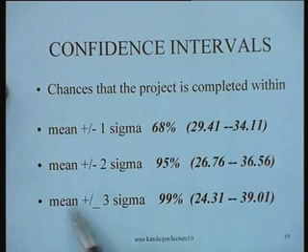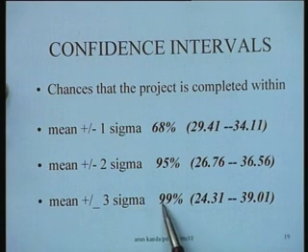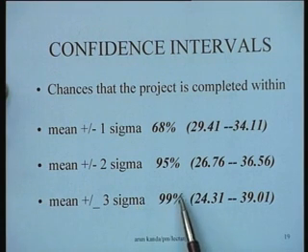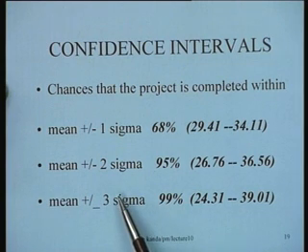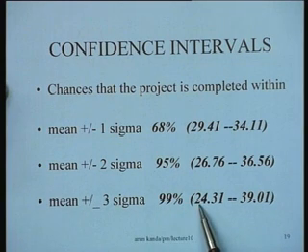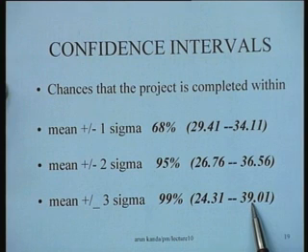And if you look at the 3 sigma limits which we had seen before, more than 99.76% of the area lies within 3 sigma limits, but for practical purposes we can say that 99% of the area lies between 24.31 and 39.01 days.